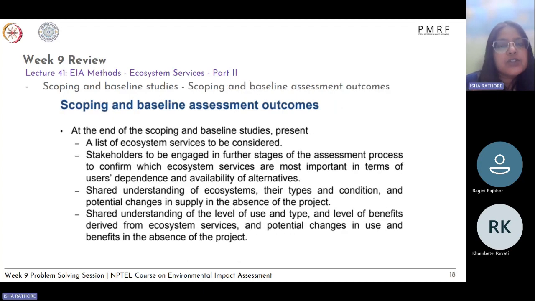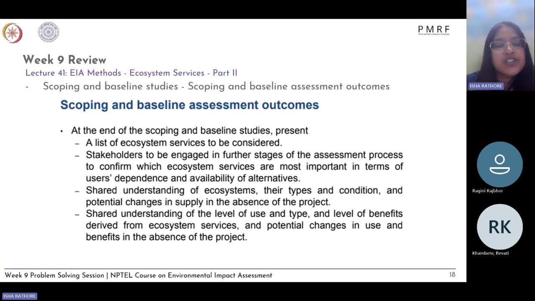Then for scoping and baseline assessment outcomes, at the end of scoping and baseline studies, you present a list of ecosystem services which are considered. Then you present the stakeholders to be engaged in further stages of the assessment process to confirm which ecosystem services are most important in terms of their dependence and the availability of alternatives.